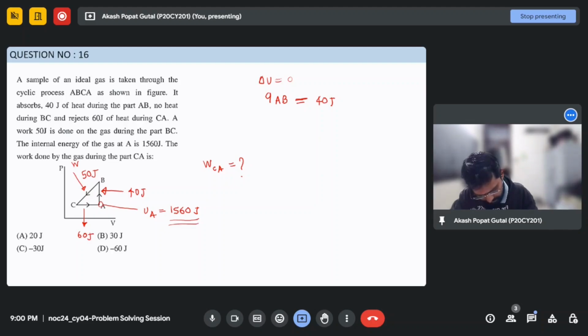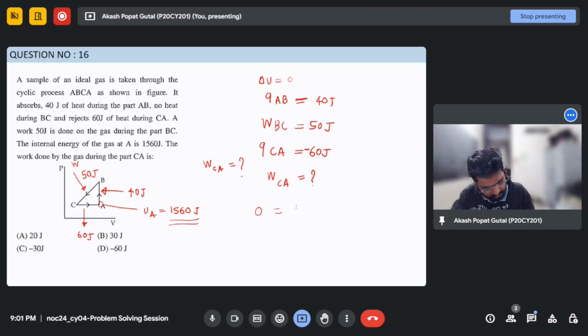And at B to C, 50 joules are added, and C to A, it rejects 60 joule, which means it's negative. And they are saying work from C to A, we need to calculate. So whatever the addition of all this heat and work must be 0.